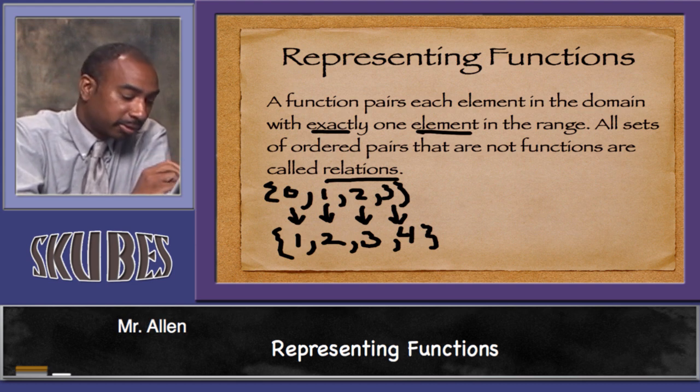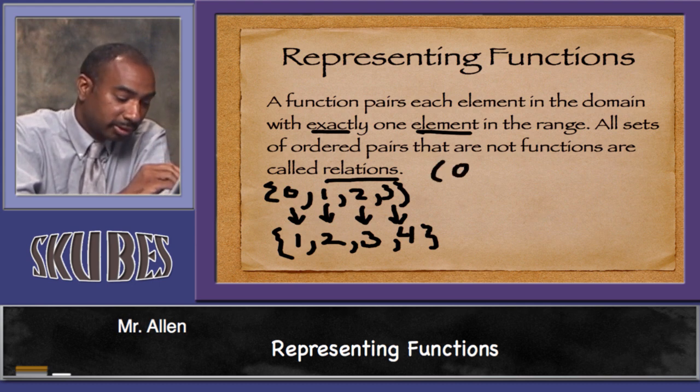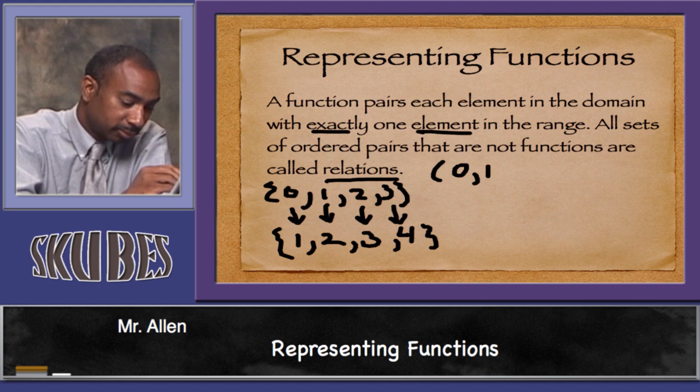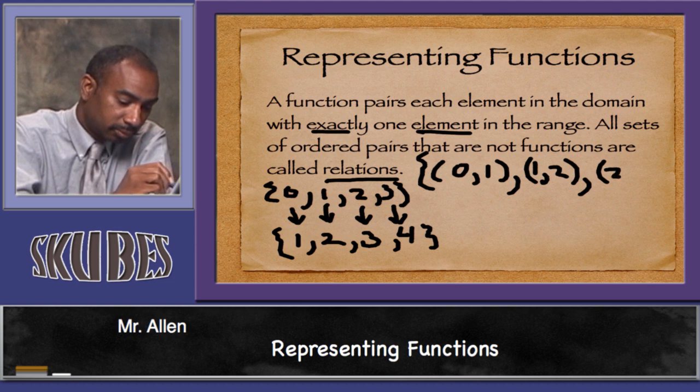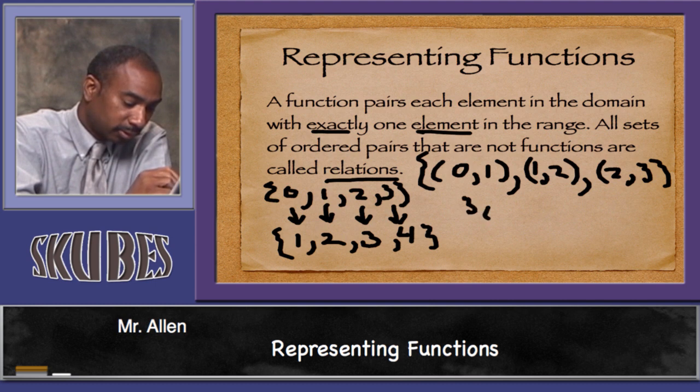We could write it in ordered pair notation. You always start with the domain first and the range second. I could say (0, 1), or (1, 2), (2, 3), and (3, 4).